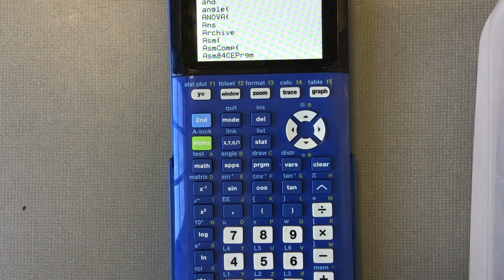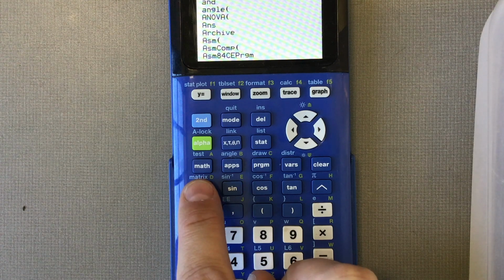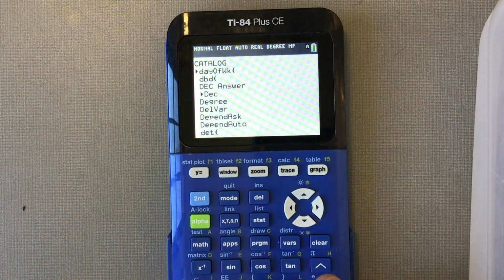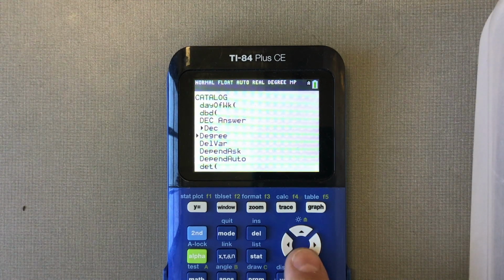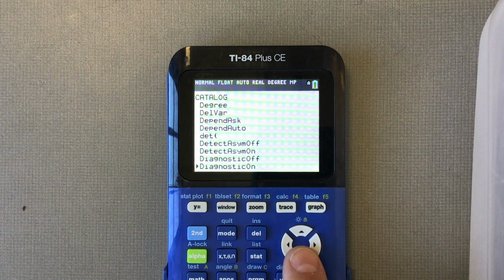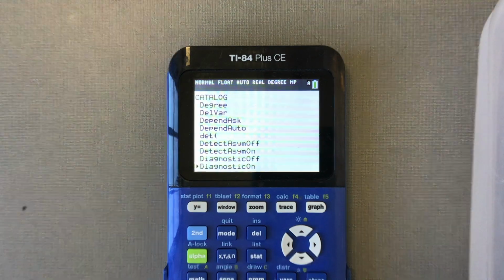So as I said, I want to go to diagnostics is the name. So I'm going to press the D, which is this matrix x to the -1 button right there. And it takes me down to my Ds. Then I'm just going to have to arrow down to diagnostic, because it does not understand if you press DI real fast.